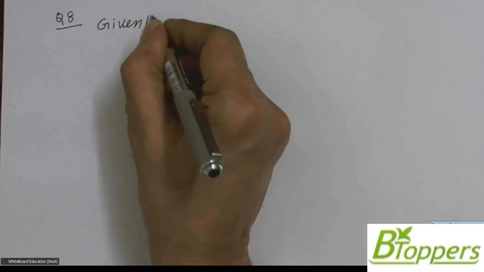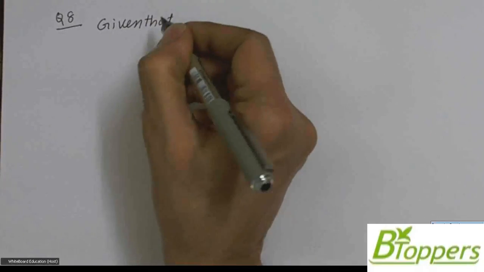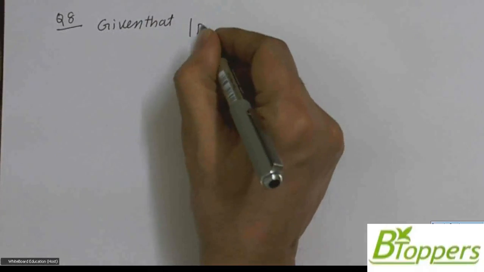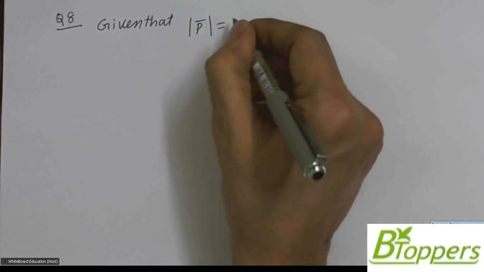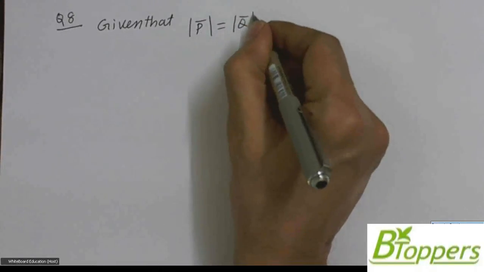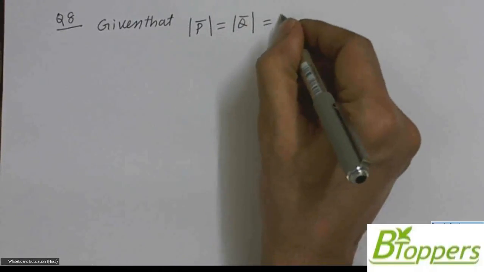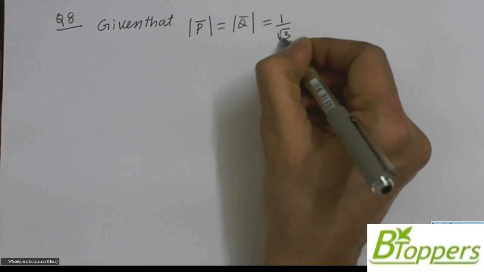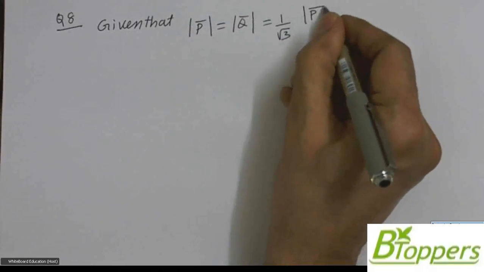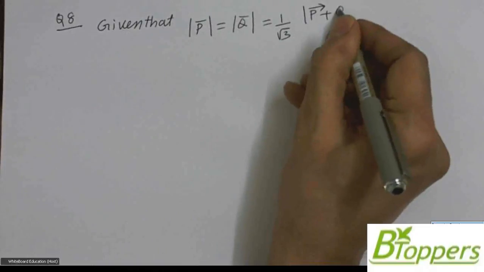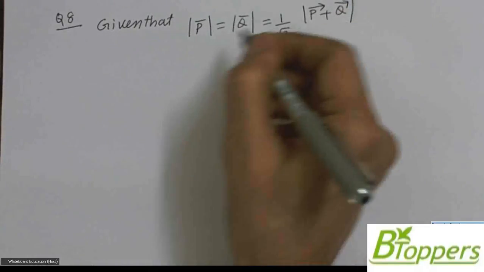It's given that magnitude of P bar same as magnitude of Q bar, which is equal to 1 by root 3 times magnitude of resultant of P bar and Q bar.